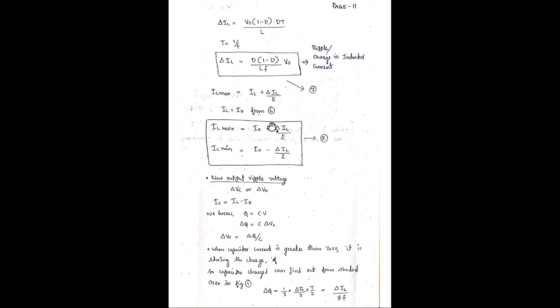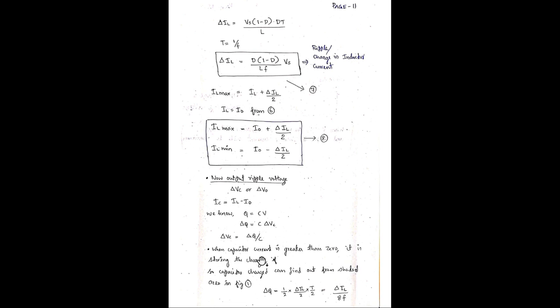So by taking the shaded area, we will get ΔQ equal to half into ΔIL by 2 into T by 2, that is ΔIL divided by 8F, as T we can write as 1 by F. So ΔQ we can write as ΔIL divided by 8F. Understood? That is the charge of the capacitor.